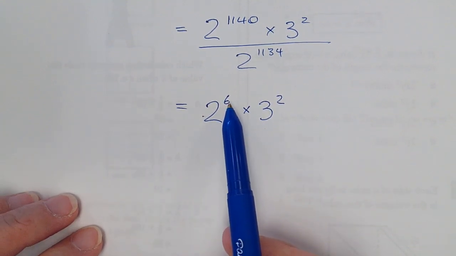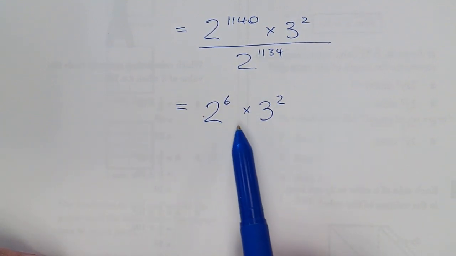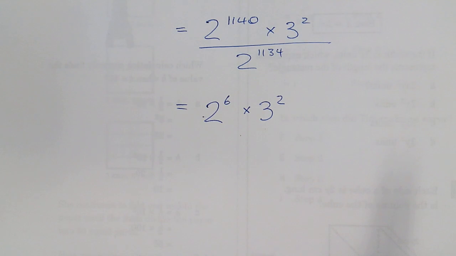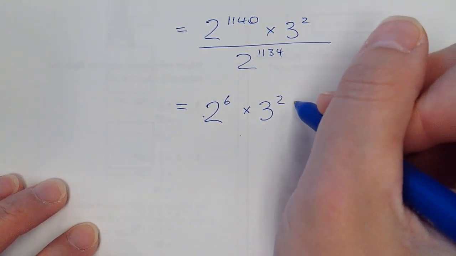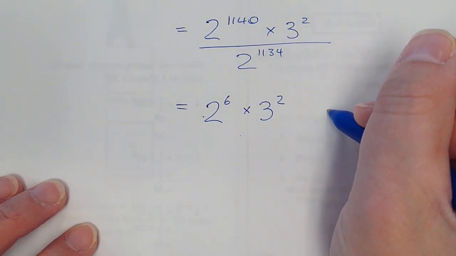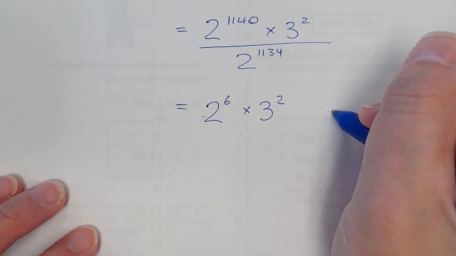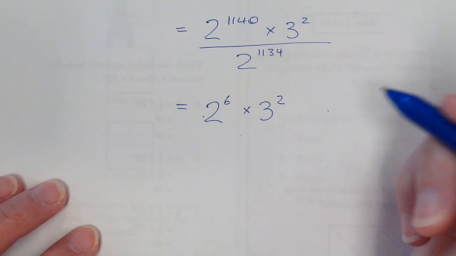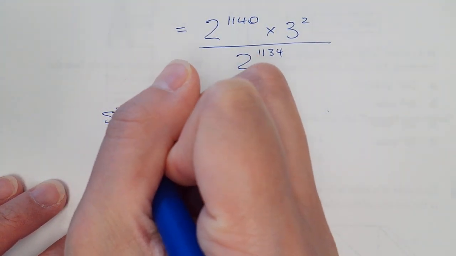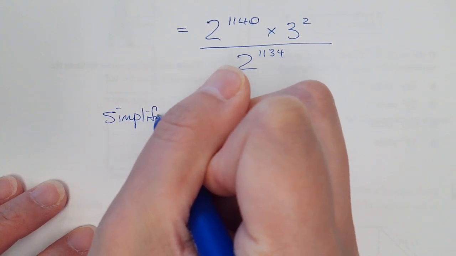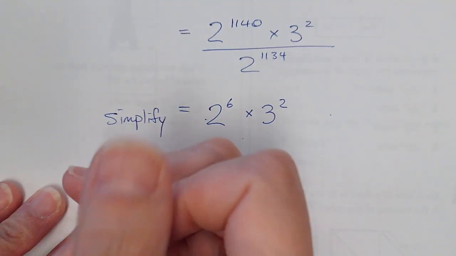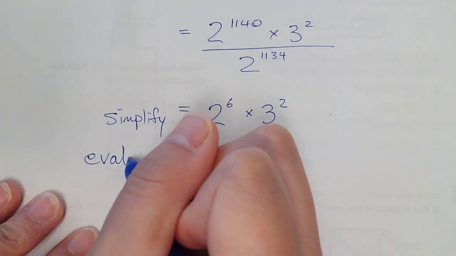All right. Can I add these two now and say it's 6 to the power of 8? No, different base, cannot do anything. So if it says simplify, okay, this is my answer. What if it says evaluate?